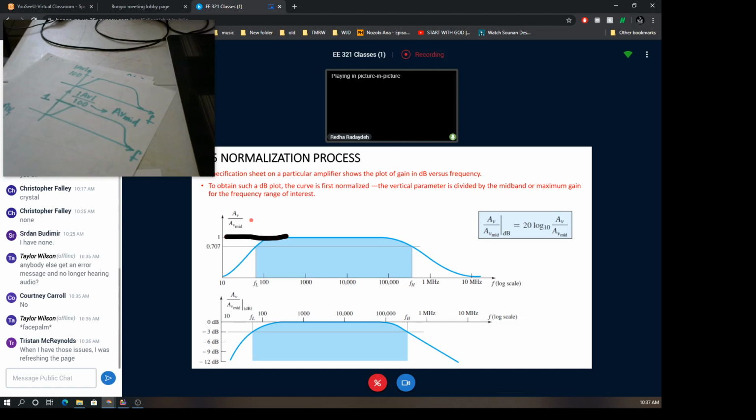So the AV is already normalized by its maximum, and in dB the maximum value would be 0 dB, which is just 10 log base 10 of unity, which is 0 dB. Does this answer your question, Hannah?